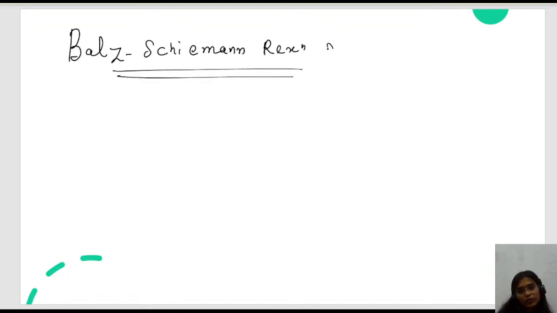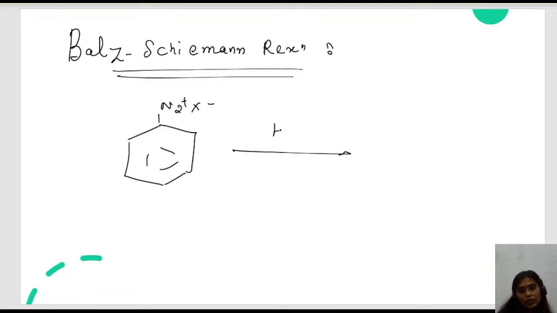Okay, so this is the name of the reaction. So let's see what about the reagent again. In this case, we are using this N2 positive, X negative again. And in this case, the extra reagent is HBF4. Okay. And then what is going to happen?